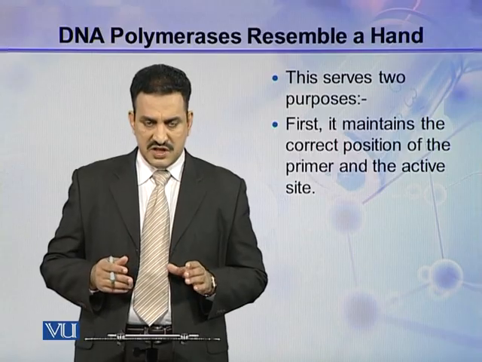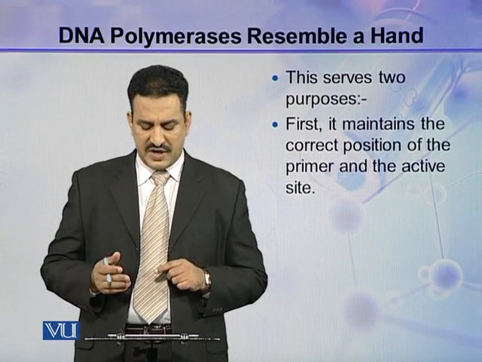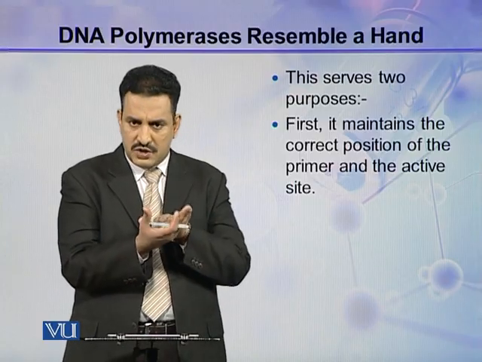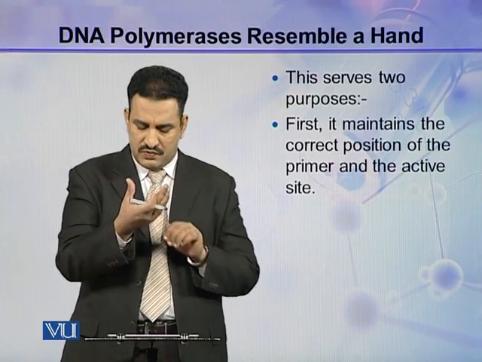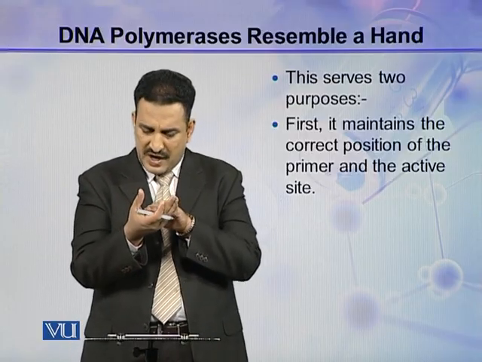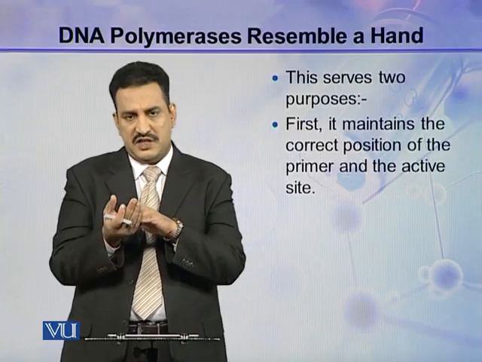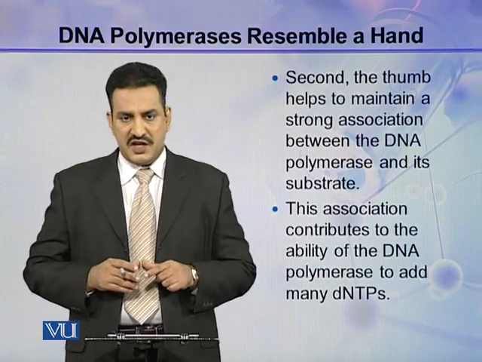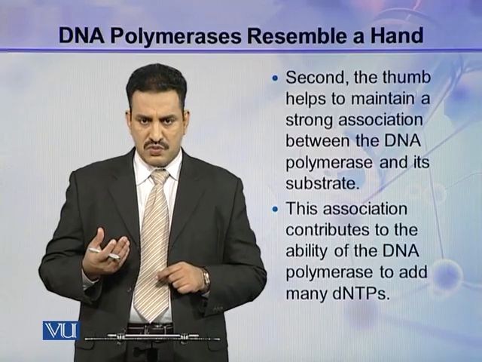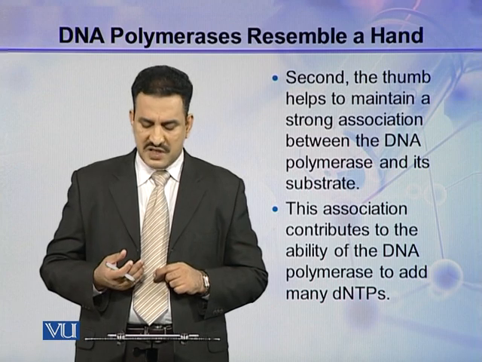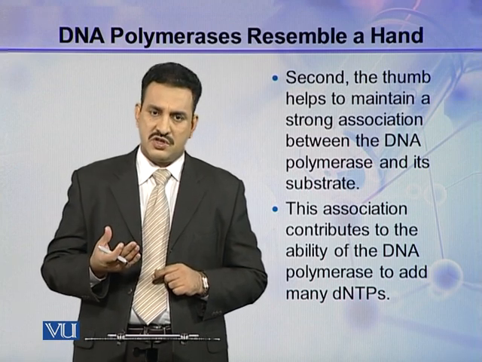First, it maintains the correct position of the primer in the active site. This palm is the active site of DNA polymerase, and so the thumb maintains the correct position of the primer in the active site during catalysis. Secondly, the thumb helps to maintain a strong association between the DNA polymerase and its substrate, that is DNA.